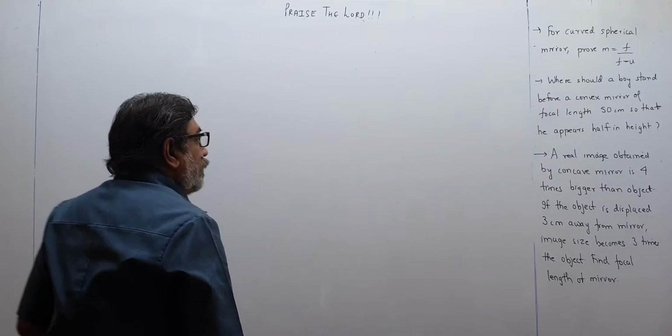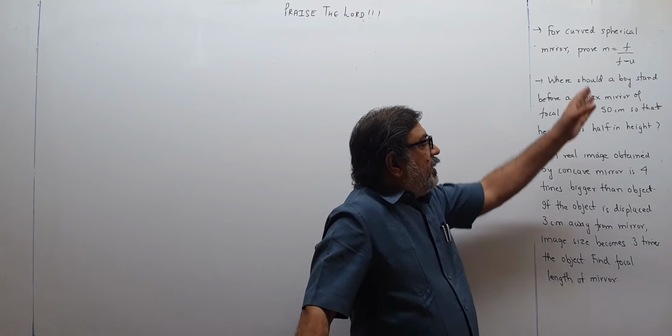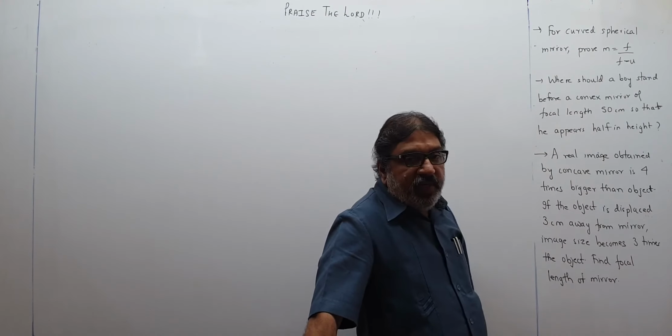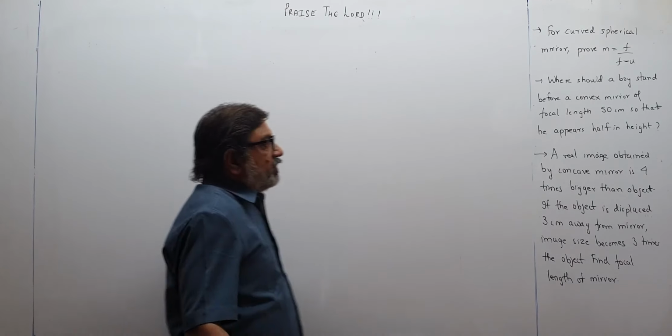Children, 3 more sums. For a curved spherical mirror, prove that M is F upon F minus U, where symbols have their usual meaning. M is magnification, F is focal length, and U is the object distance.